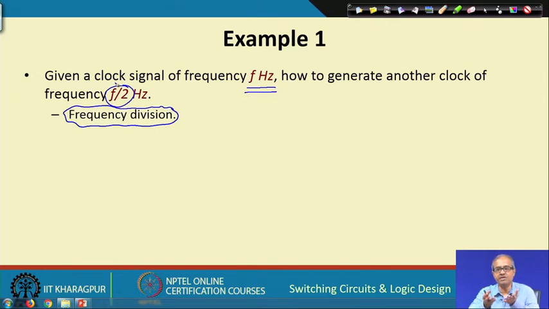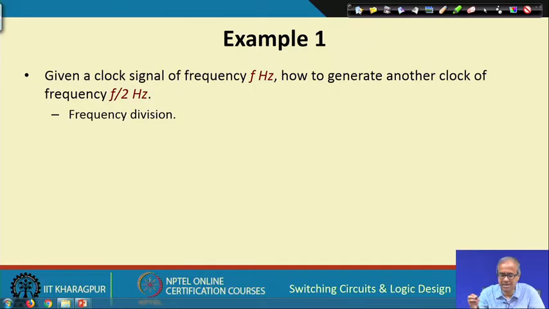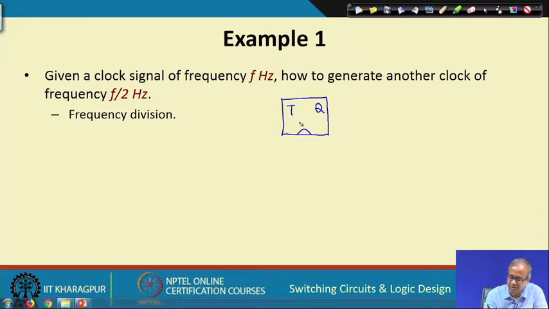Let us say I have a frequency of 2 kilohertz, and I require another clock of frequency 1 kilohertz, half of that. This is extremely easy to do using a special kind of flip flop. Let us take a T flip flop with the output Q, and let us say this is my clock.